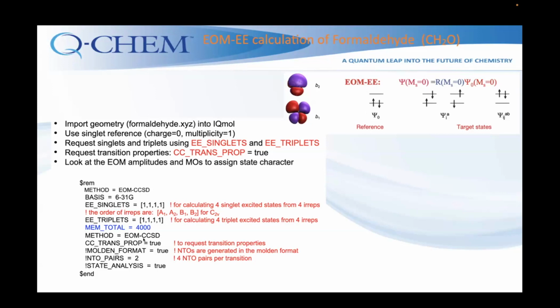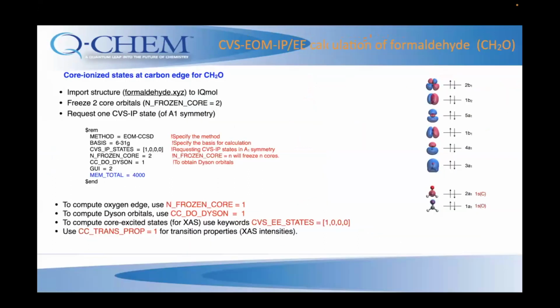If you want to compute transition properties such as oscillator strengths and transition dipole moments, you need to say it explicitly. In the example we give, we calculate oscillator strengths for transitions from the ground state to excited states. But you can also set up calculations of transitions between different excited states, as one needs to do in transient absorption spectroscopy, for example. So this option also exists.